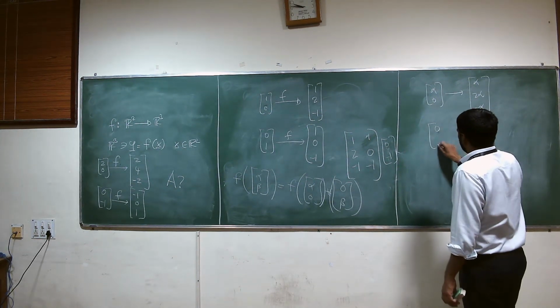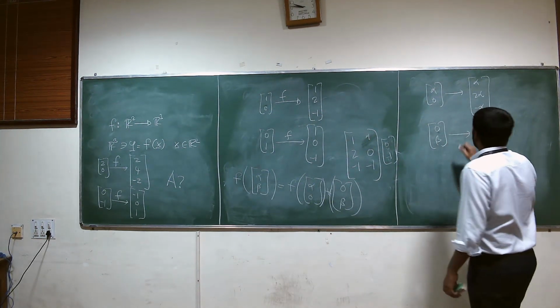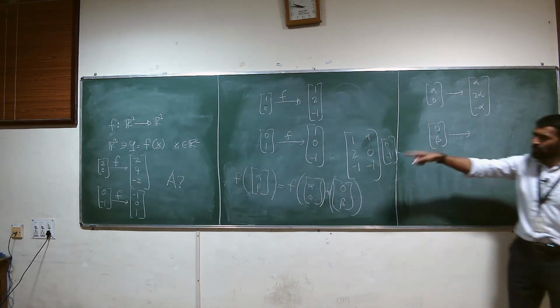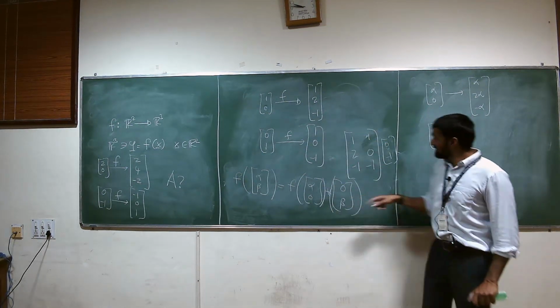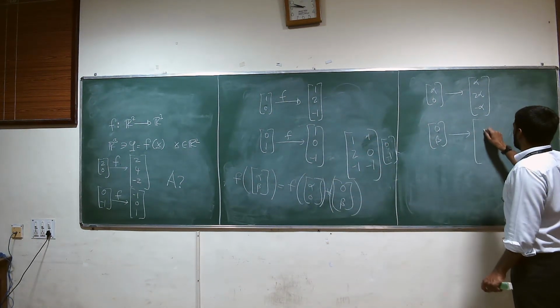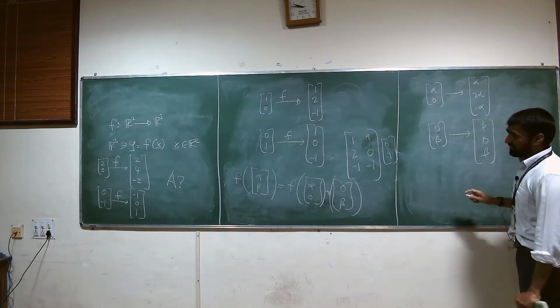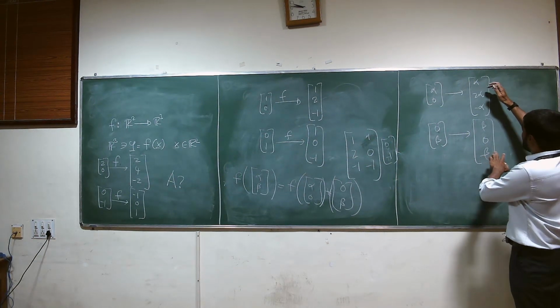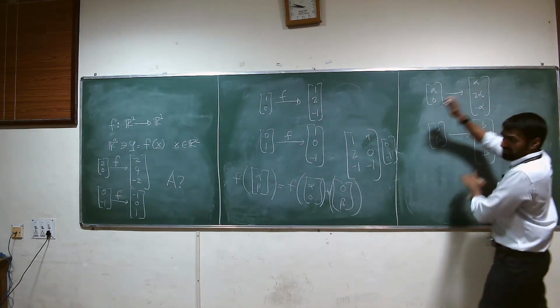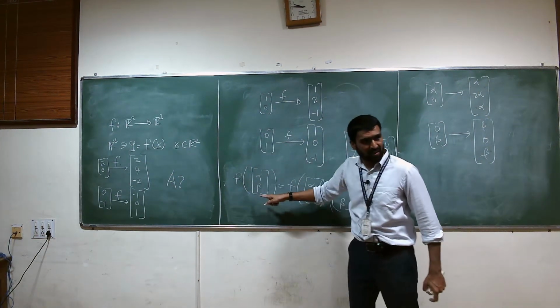What about 0 beta? Well, 0, 1 gives me 1, 0 minus 1. That means this should give me beta times this. And if I simply add these two together, that will simply be f of alpha beta.